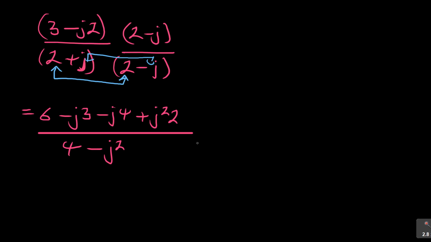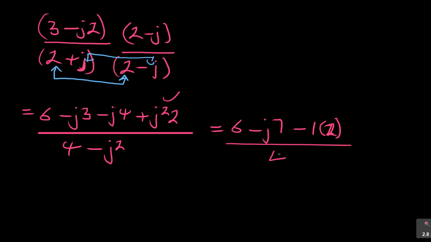That's all that is enough there, which will be equal to, now when you're simplifying, this can be simplified further, is -1, so it's 6. Now minus 3 minus 4 is negative j7 here, and then j squared, remember, is minus 1 times 2 all over 4 minus 1. J squared is -1.